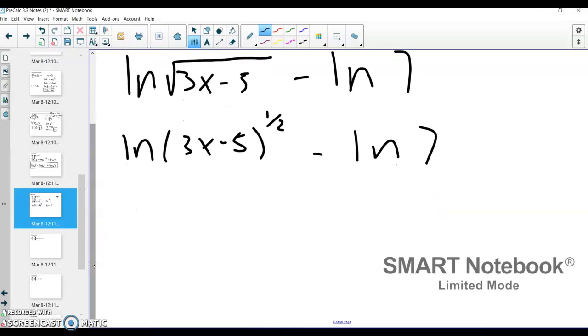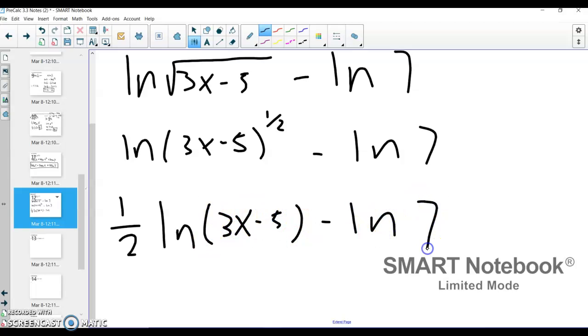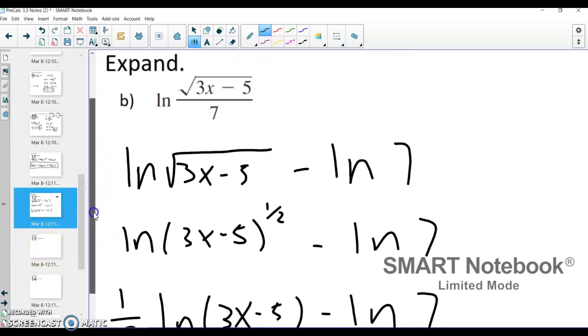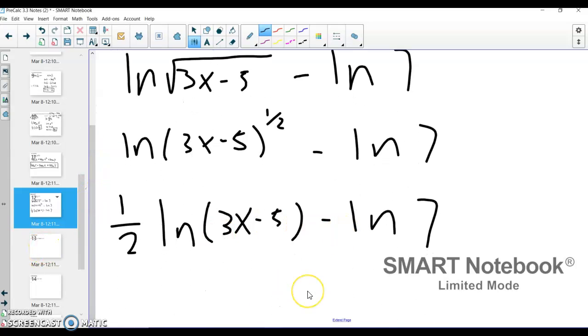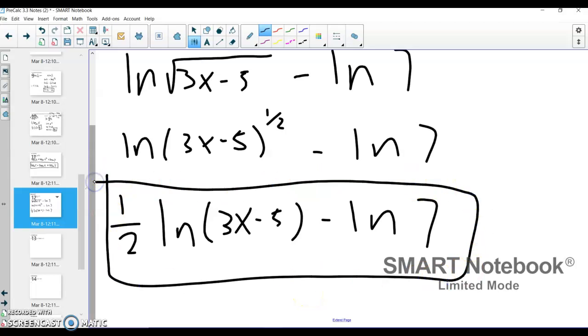Now I can see it as a power, so I can use the power rule. So this is 1/2 ln of 3x minus 5 minus ln of 7. This is where the problem comes to an end because I can't expand this anymore. There is no other property I can use, so my answer here is this.